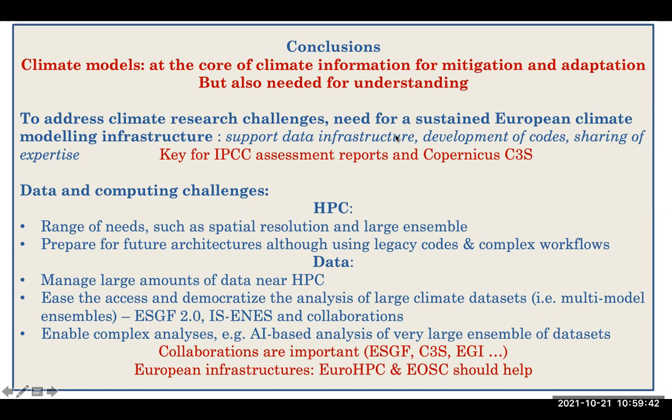One of the key gaps is that there is a target in the community to reach the kilometer scale, but it's not so much for Navier-Stokes, it's more for the clouds.